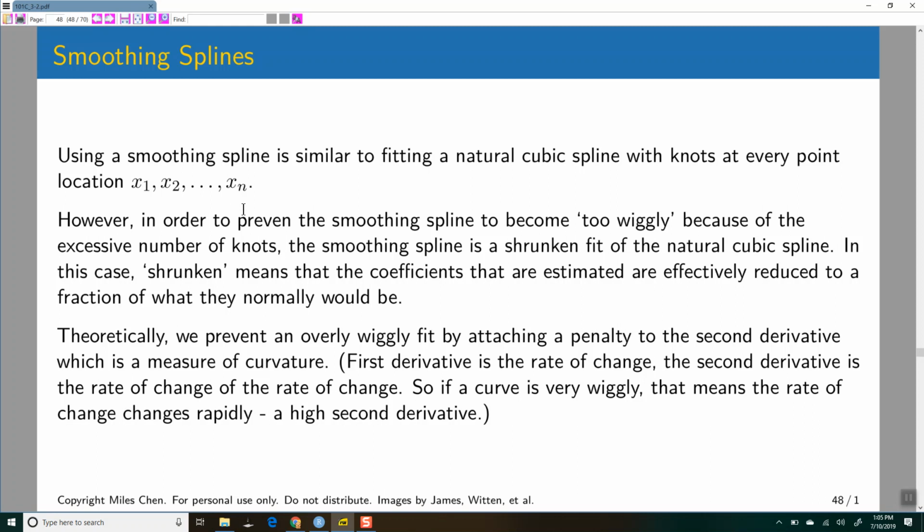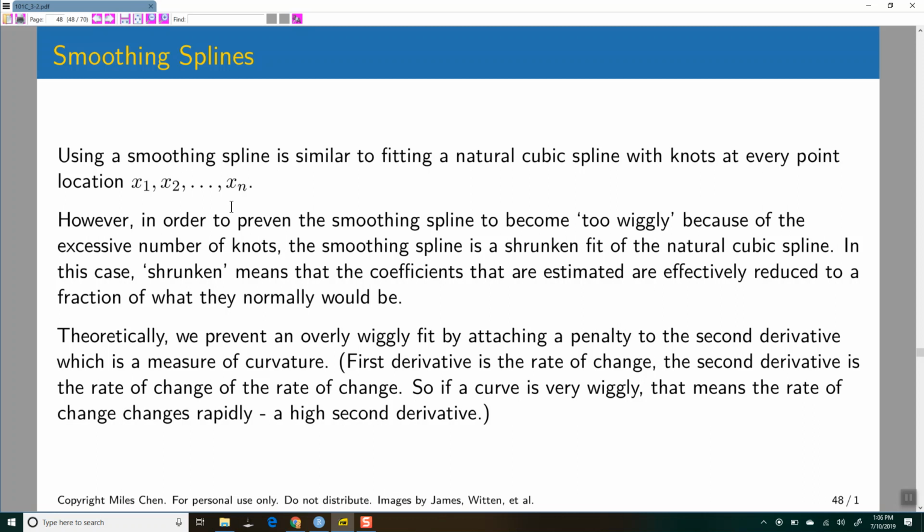And yes, absolutely. If you just said natural cubic spline with a knot at every single data point, you would absolutely get too many knots, and it will fit your data perfectly and gets too wiggly.